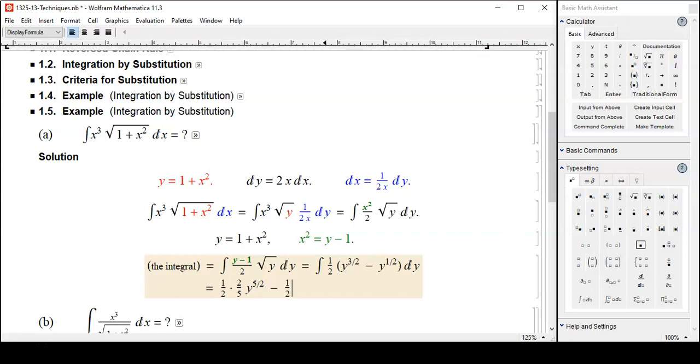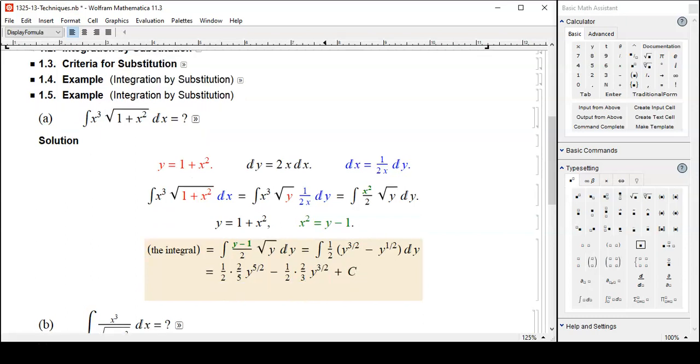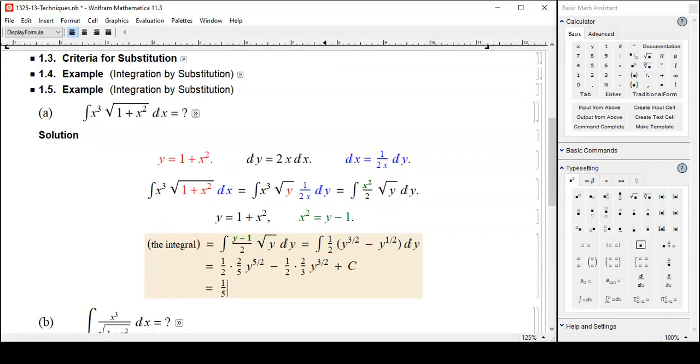One half was there before. I have to add 1 to the power, 3/2, and I have to divide, so 2/3. A little bit of simplification is in order. So 1/5 y to the 5/2 power minus 1/3 y to the 3/2 power.